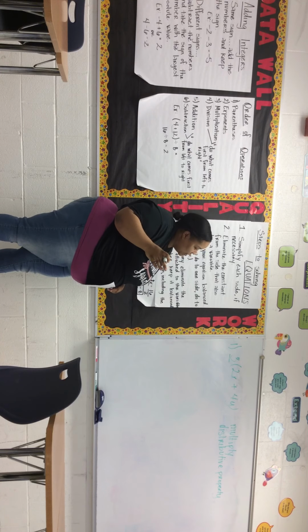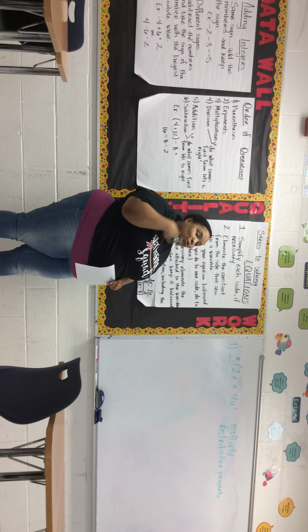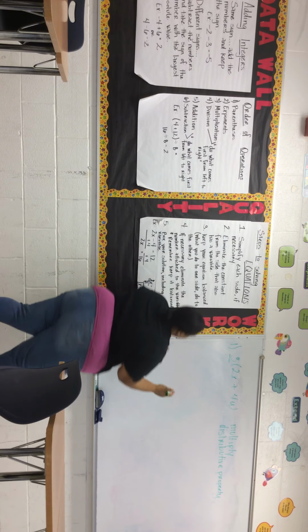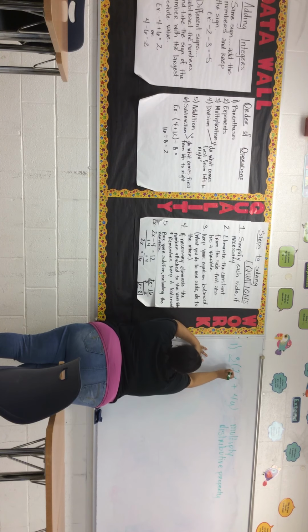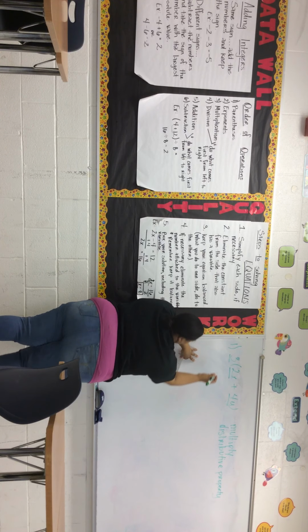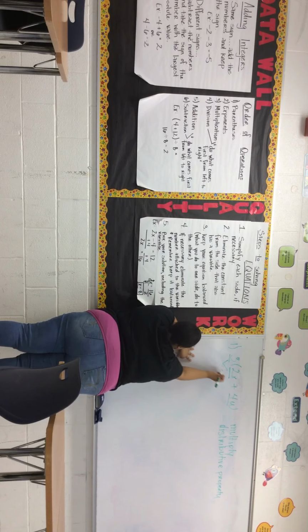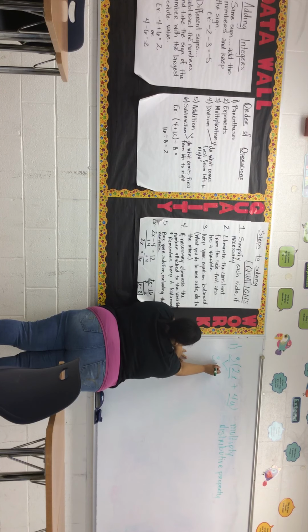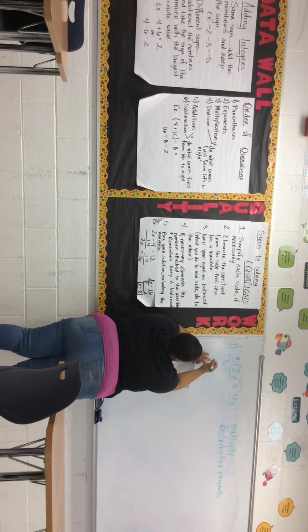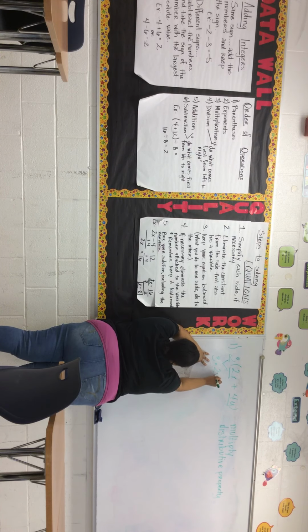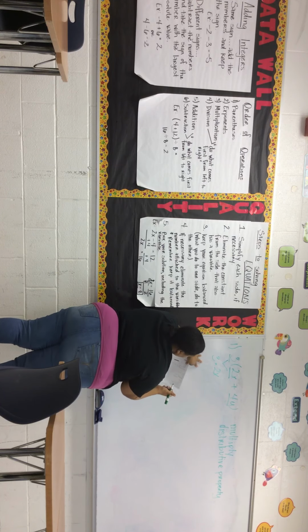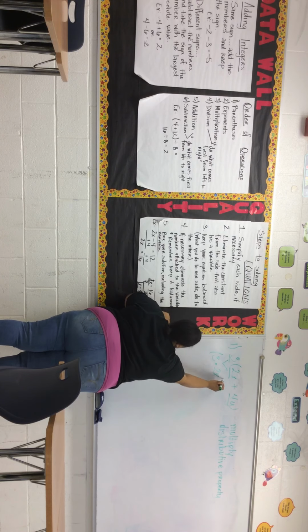So, in order to do that, what I need you to do now is write out what you're doing. You're going to have your 3. This little dot means to multiply if you haven't seen it before. 3 multiplied by 2x. That's going to be the first thing that we're working with.